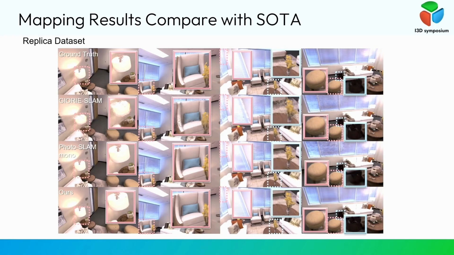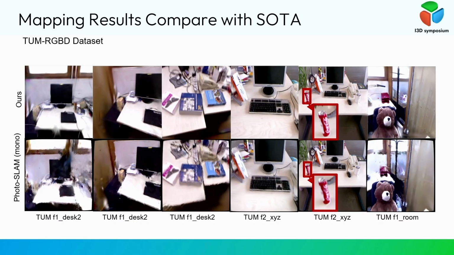And there are some more comparisons between our ground truth and Photo-SLAM and Gloria SLAM. So you could say that we have more detail in the scene reconstruction, and it's better than other SOTA methods here.